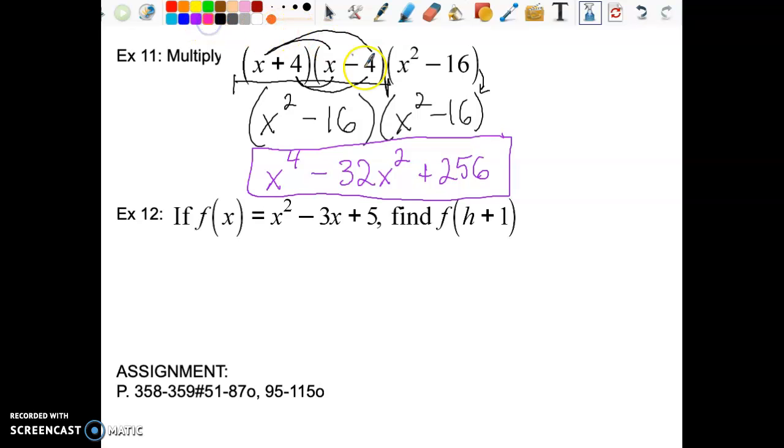And one more thing is in function notation, we practice some of this. Now remember, this function notation says f of x, f of x. So when we read this f of h plus 1, that means that h plus 1 is substituting, so substitute h plus 1 in for x.